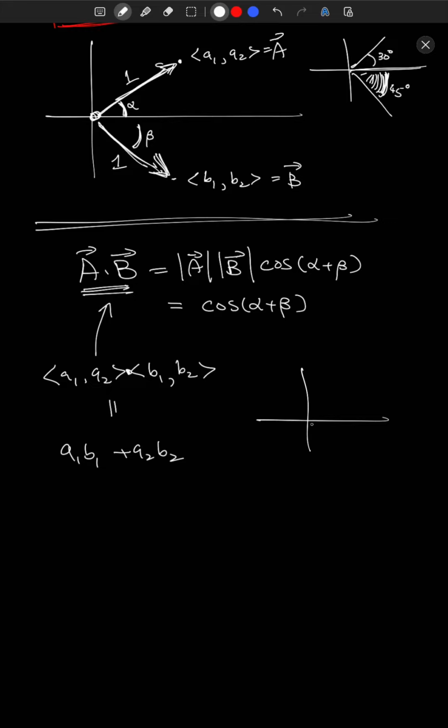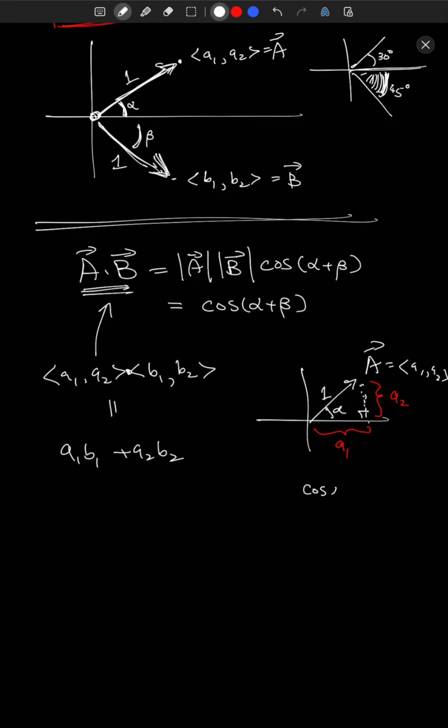Let me draw A right here. This was my vector A, A1 comma A2, and it has length 1. What that means is this length right there is A1, and that one right there is A2. Also, remember this angle here is alpha. If we look at this setup, I've dropped a right triangle here.